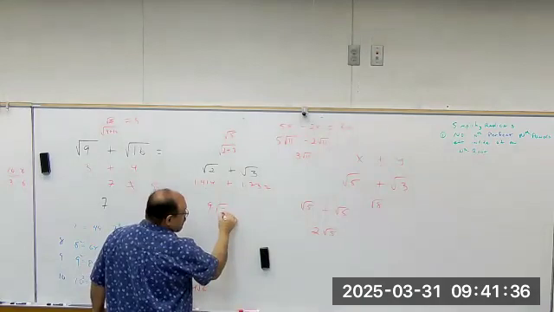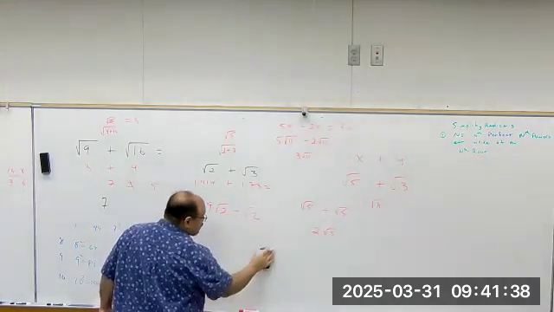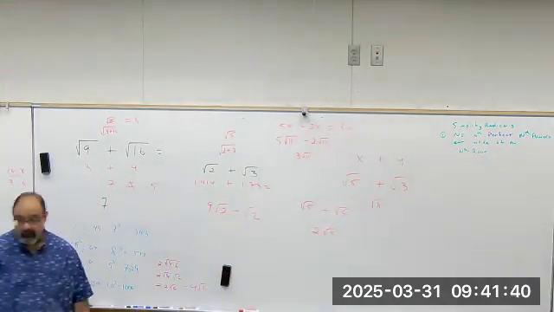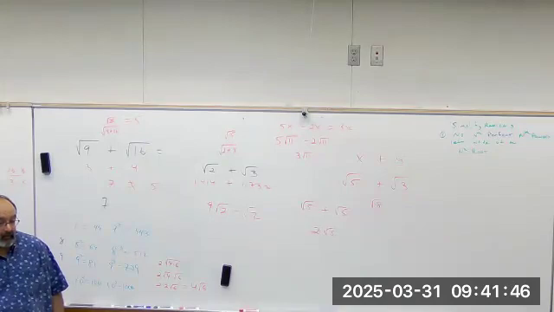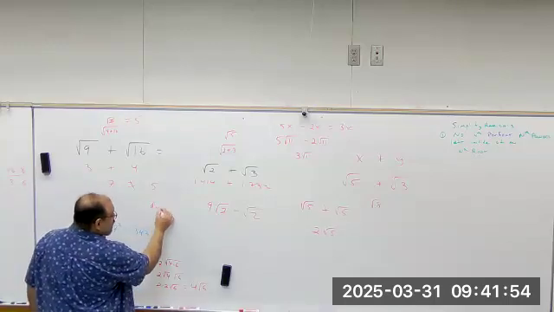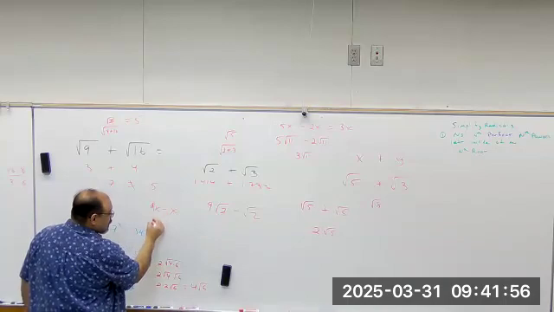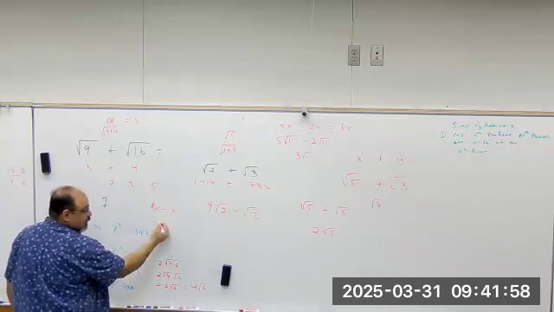9 square root 2 minus square root 2. What's that? 9. Okay. So far, I haven't heard the answer. What is 9x minus x? 8x.